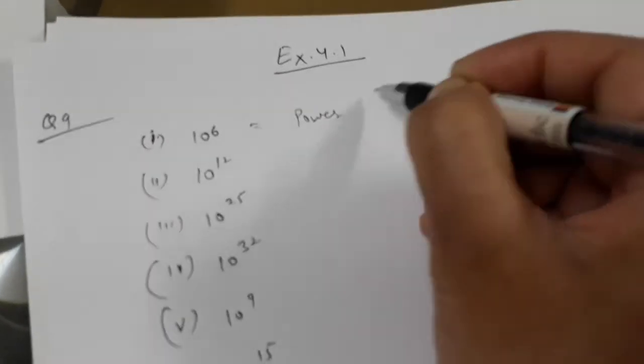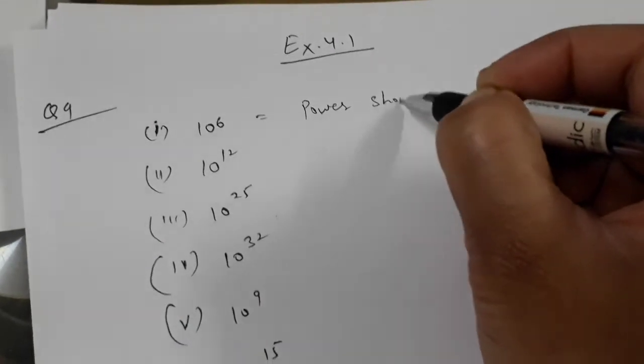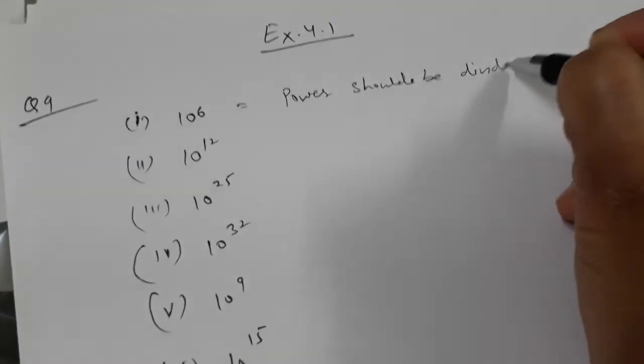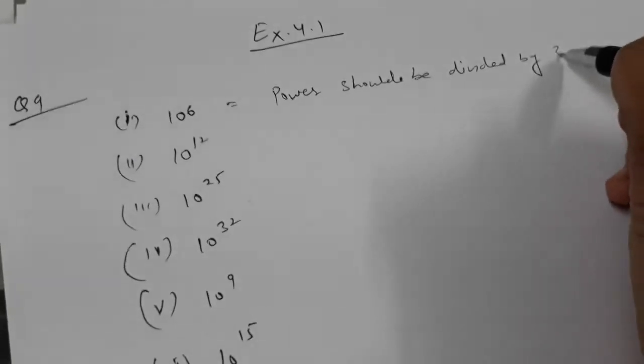For finding out which would be the perfect cube, the power should be divisible by 3.